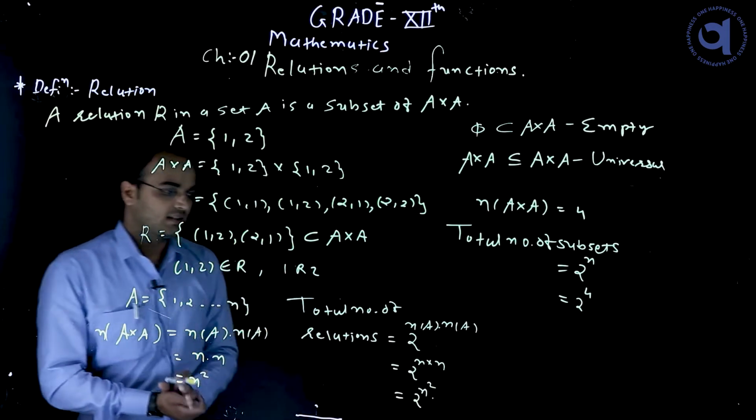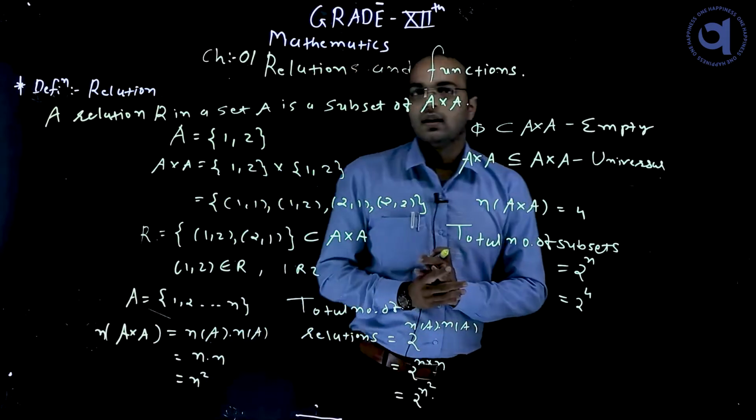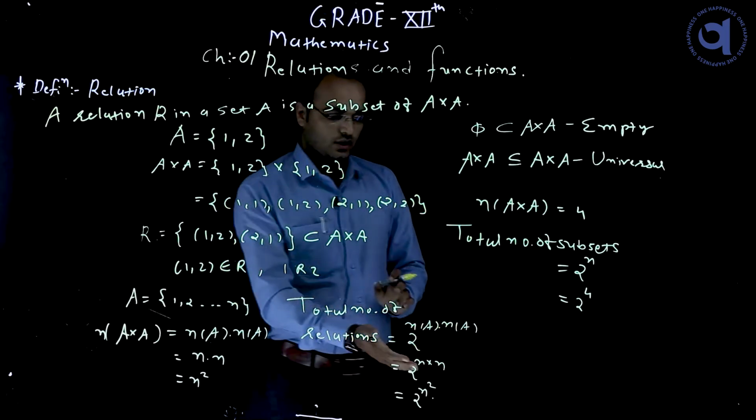This is the total number of relations on a set A having n elements: 2 raised to n squared.